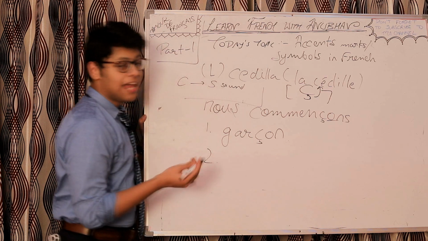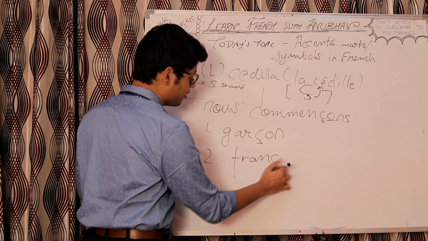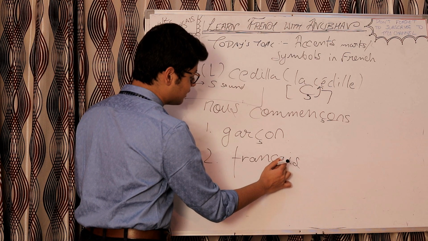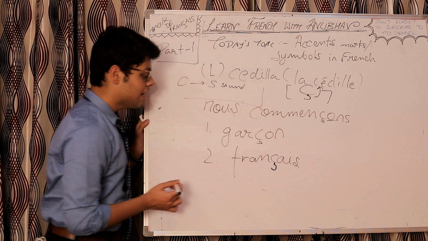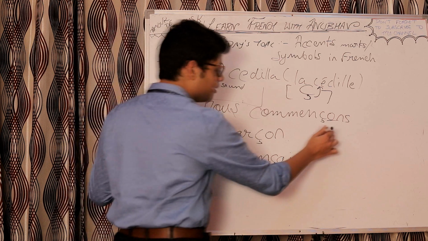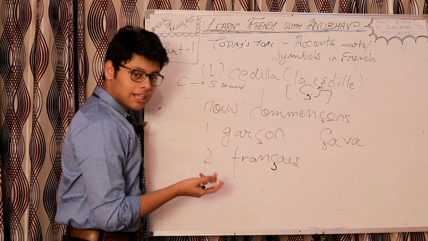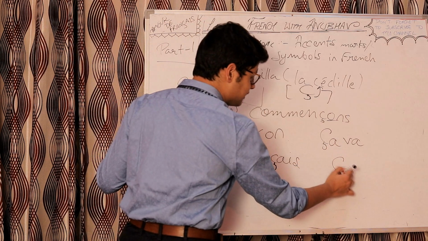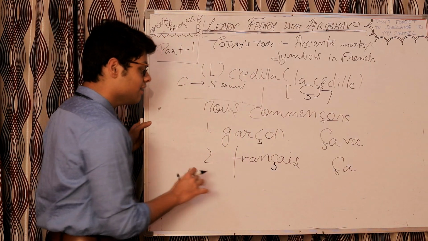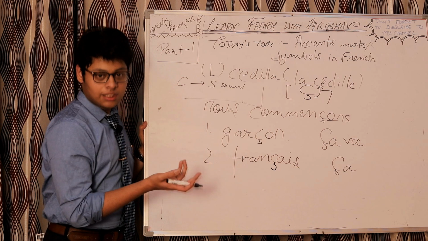And talking about the language which we are learning, français, it too has the cedilla under it. If we talk about ça, this also has a cedilla. If we talk about ça, the pronoun demonstrative, this also has the cedilla under here.